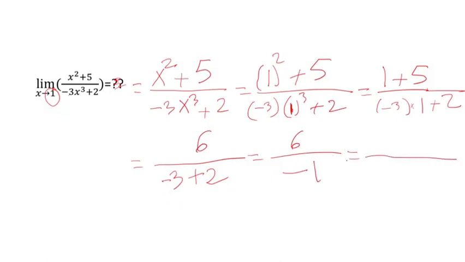And as I stated before, we don't like a negative sign in the denominator, so I'm going to take it up by multiplying up and down by negative 1. So negative 1 times 6, negative 1 times negative 1. So I multiplied both sides by negative 1, so that way they cancel out.